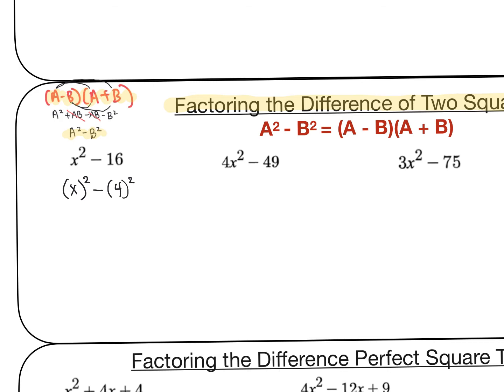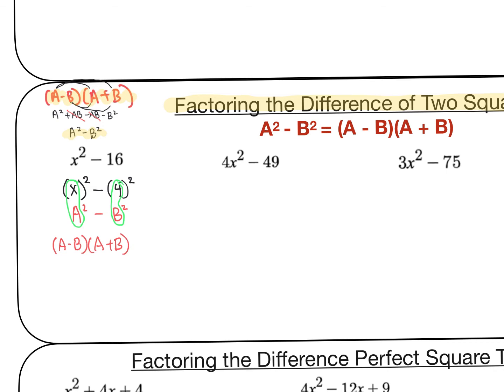So now I know that if I have this squared and I were to write a squared minus b squared, the bottom here is that a would actually be x and b would actually be 4. Okay, so now we're going to use the left-hand side of that pattern to drop these in. So I just write the left-hand side of the pattern, and I know that that's going to be a minus b times a plus b.